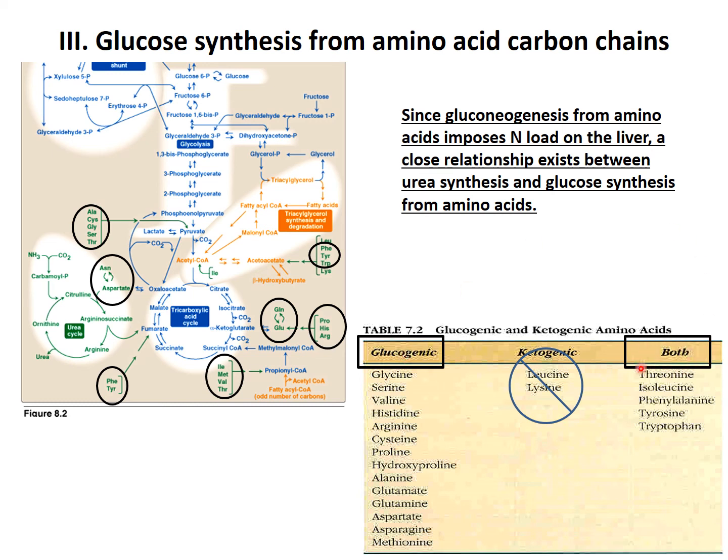We can use part of the skeleton of the glucoketogenic amino acids for glucose synthesis. We can never use leucine and lysine, which are purely ketogenic amino acids, for glucose synthesis. And please remember, when we start from amino acids, we remove the amino group. We have an ammonia load on the liver, so ammonia needs to be handled by the urea cycle.